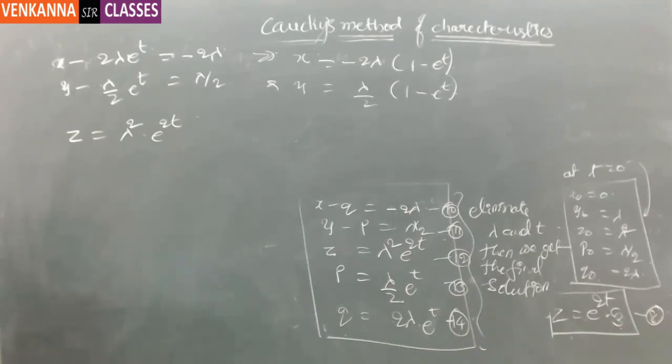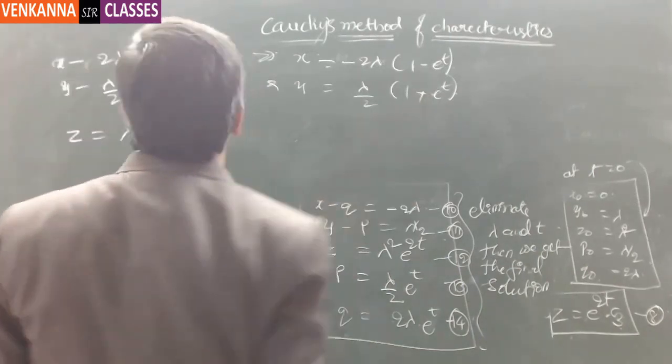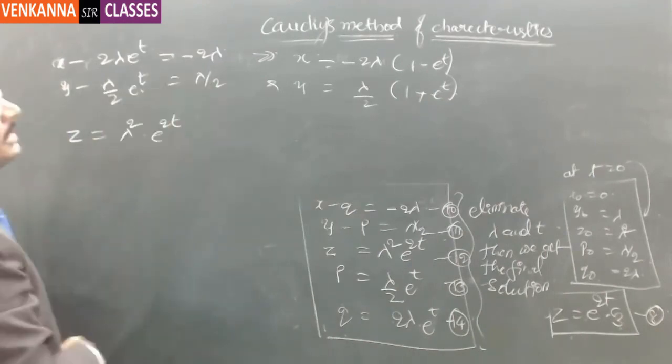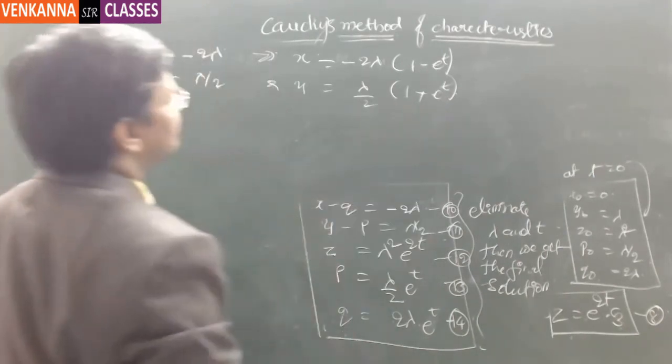Yeah, I think there is a mistake. Yeah, so this is plus, right? So if you bring this to this side, then lambda by 2 times 1 plus e power t.